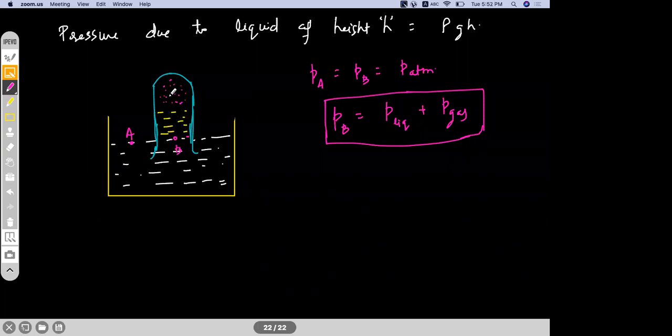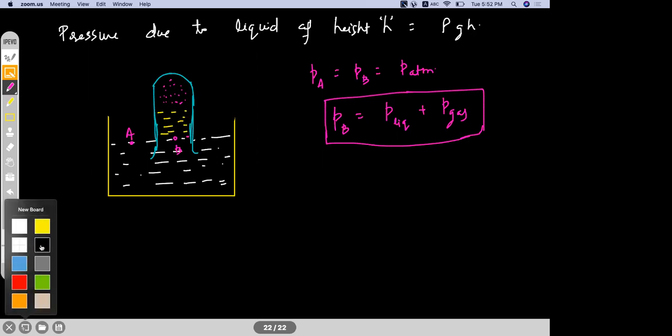This gas will also exert pressure in downward direction, and PB is in upward direction. So PB is equal to P liquid plus P gas. Did you understand this? Yeah. Now, based on this only, you see a few questions.